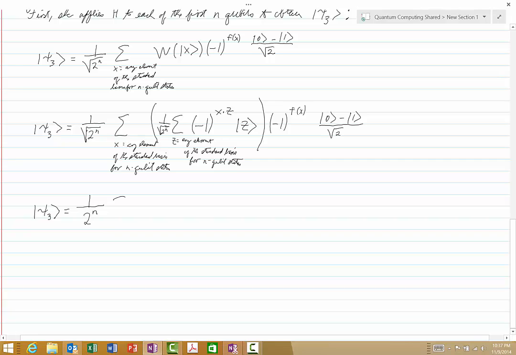And then we have summation over x equals any element of the standard basis for n-qubit states.